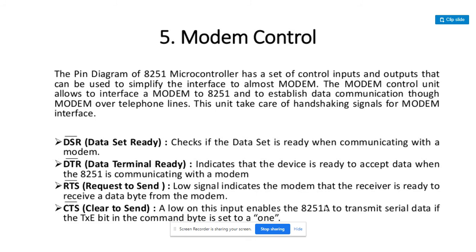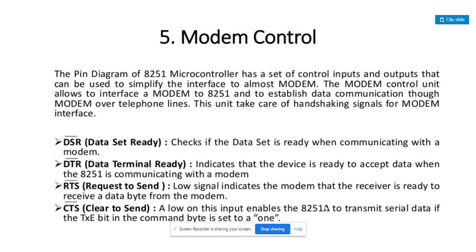The modem control unit allows the interface and establishes the data communication through a modem or telephone lines. This unit takes care of handshaking signals for the modem interface. Handshaking signals are the signals that are initiated before the actual transmission of the data, meaning there is some negotiation between the receiver and the transmitter.